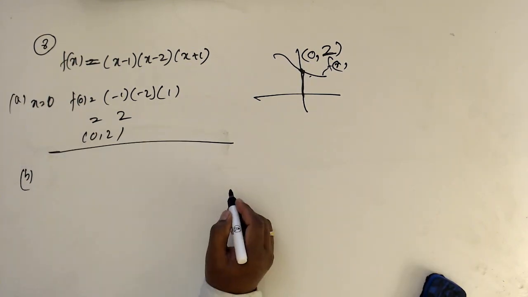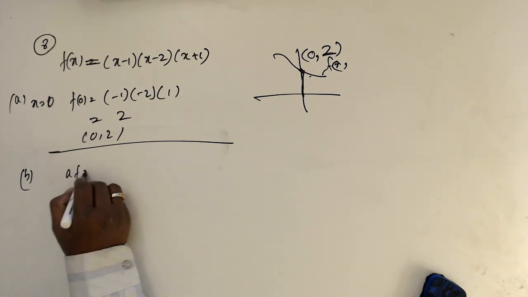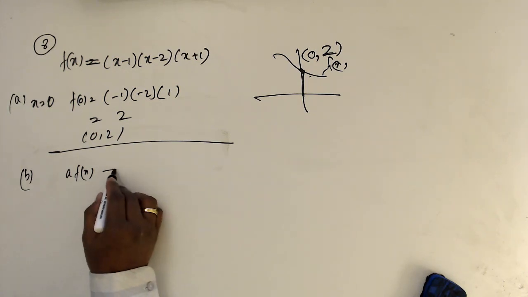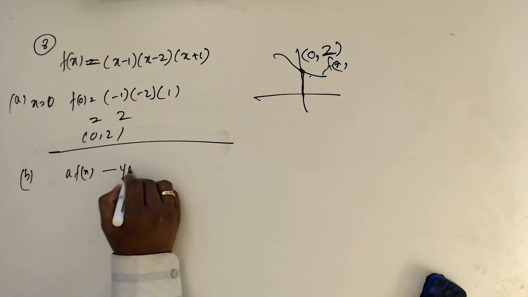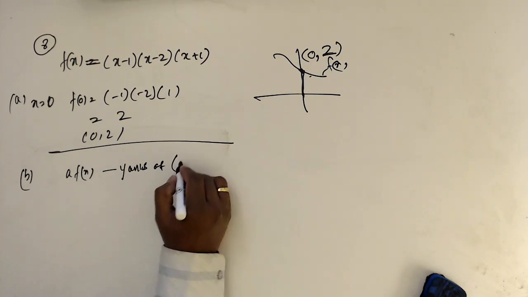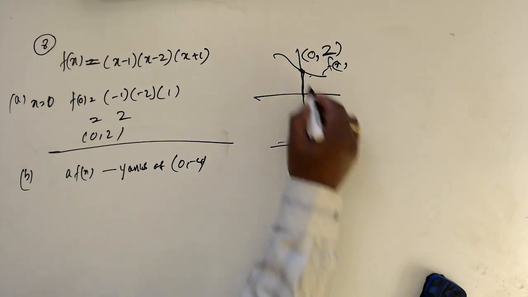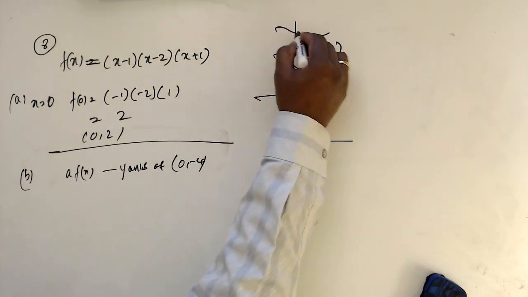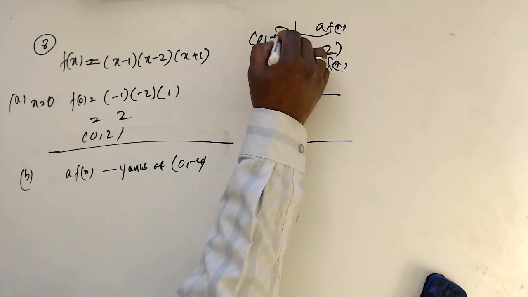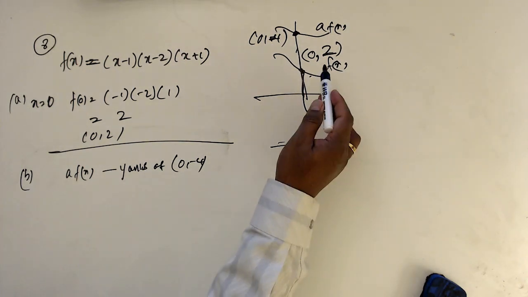Part B, this af(x) graph crosses the y-axis at (0, -4). Now the same graph, the af(x) graph, crosses at (0, -4).